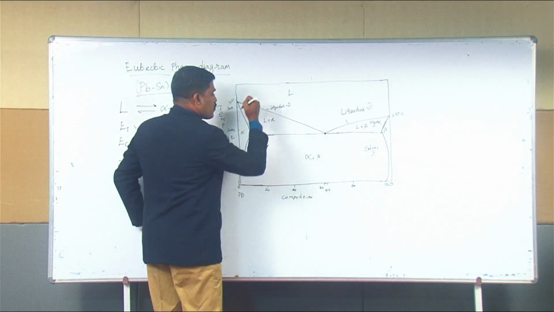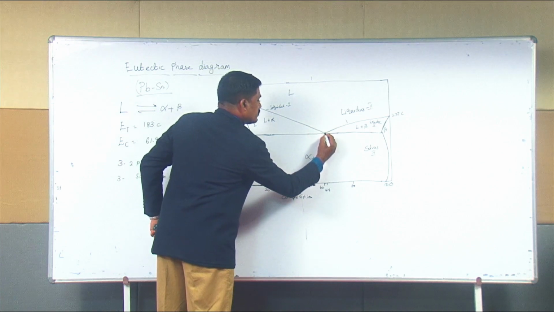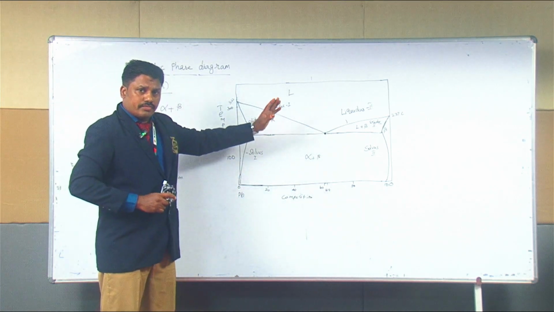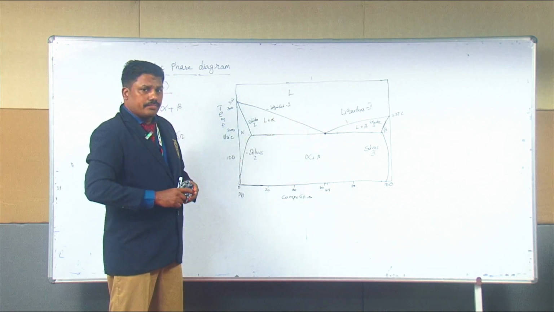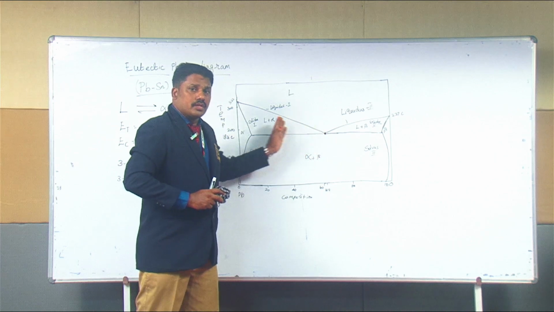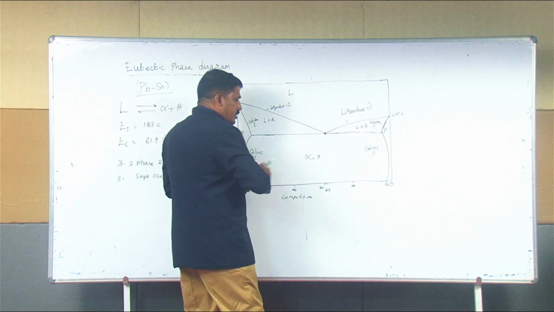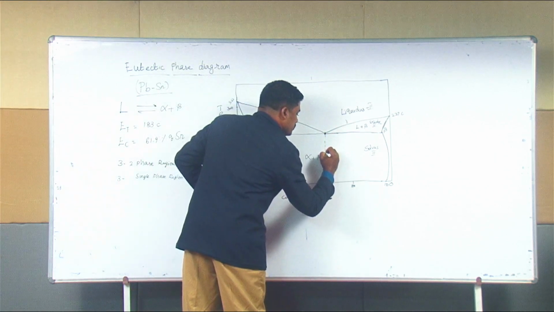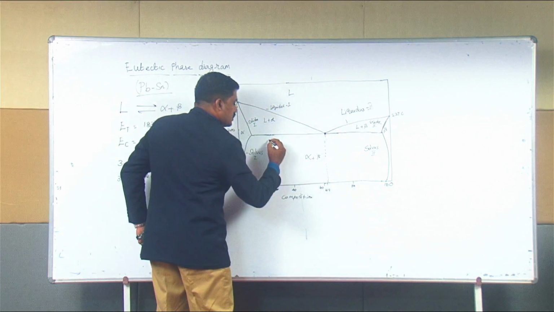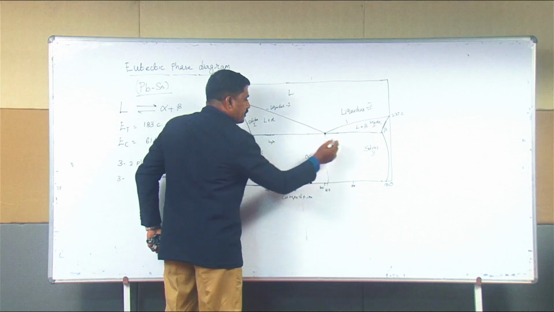Now, within this eutectic phase diagram, the left side, this is called the eutectic composition. This is called hypo, and this is called hyper.